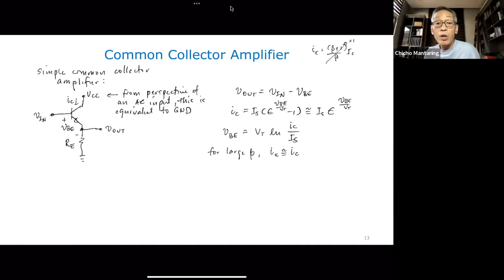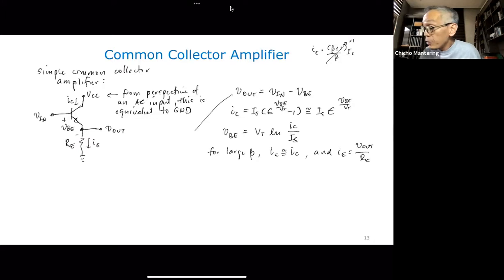That's why I sub C is approximately equal to I sub E. And I sub E is also V out over R sub E. If the voltage across this resistor is V out, then I sub E is just V out over R sub E.